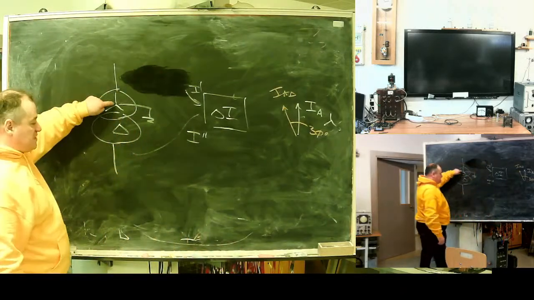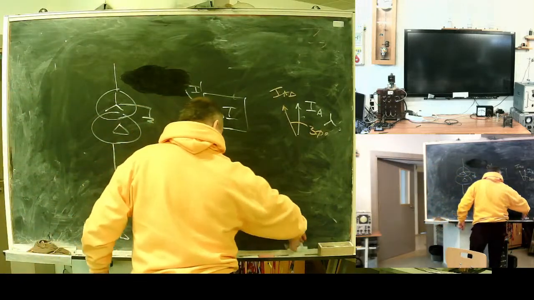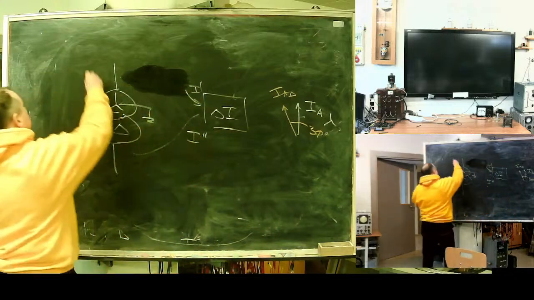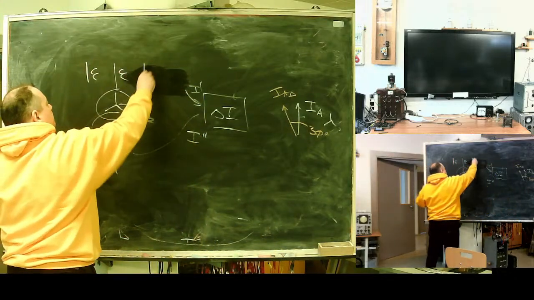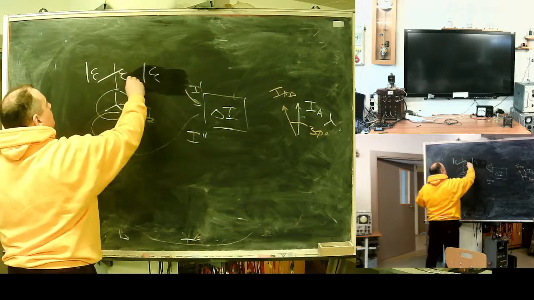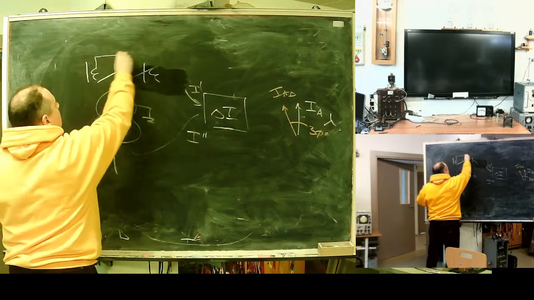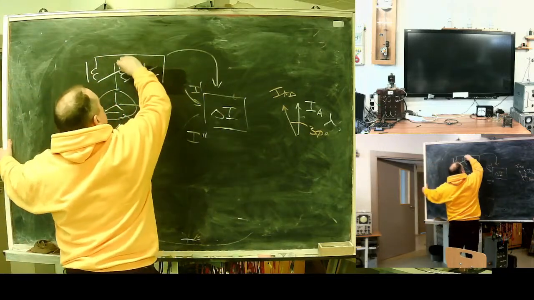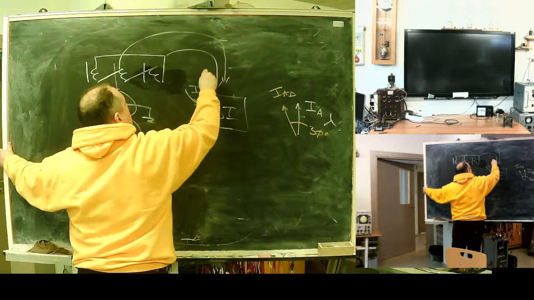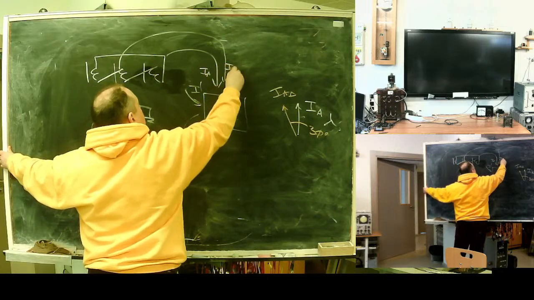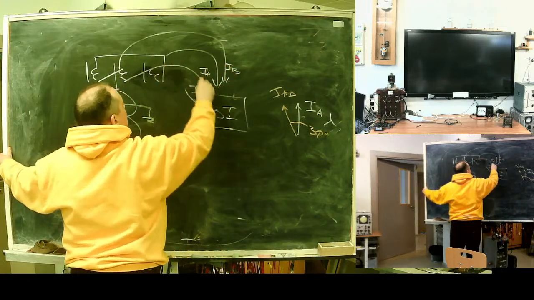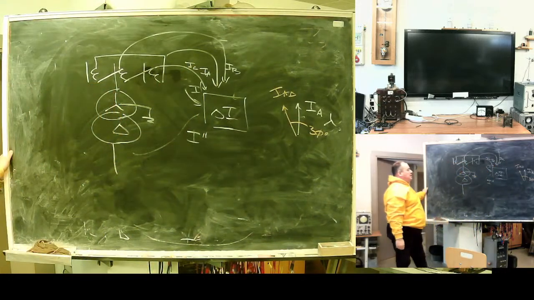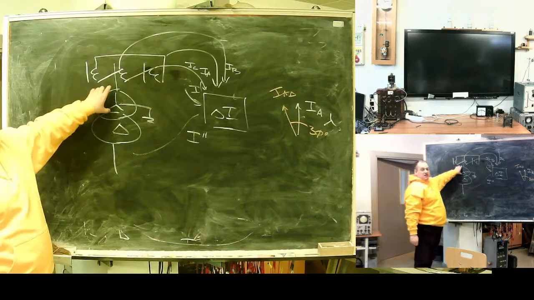Idea: if you have star here on the primary side, A, B, C. Use delta as offset to star.